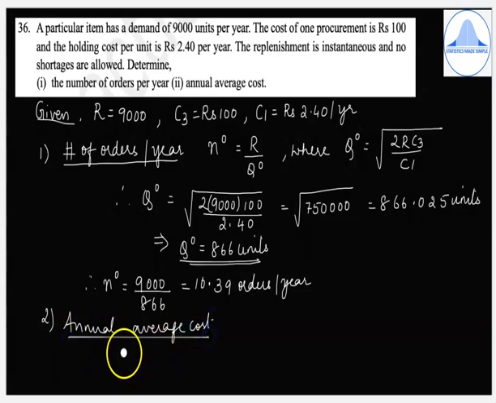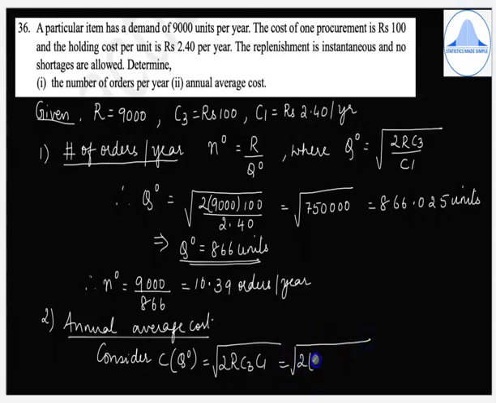The annual average cost is denoted by C of Q naught, which is equal to root of 2 R C3 C1, which is equal to root of 2 into 9000 into 100 into 2.40. So on simplification, we get rupees 2078.46.